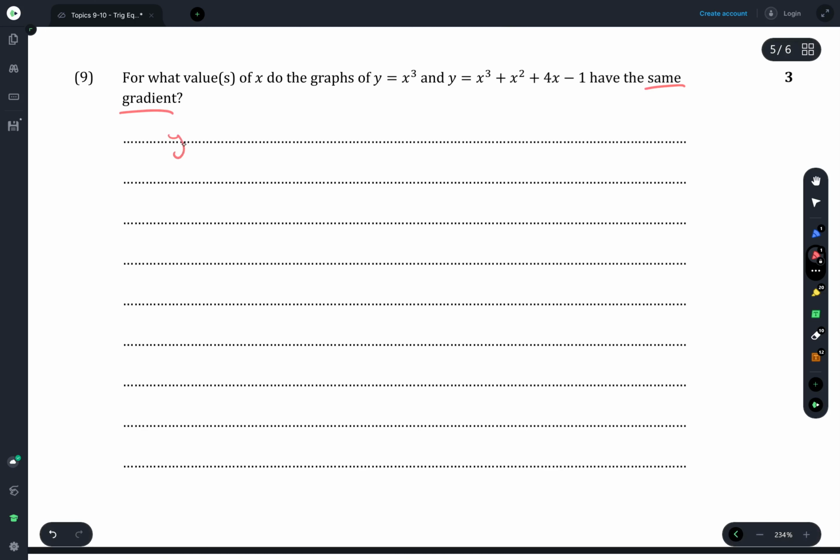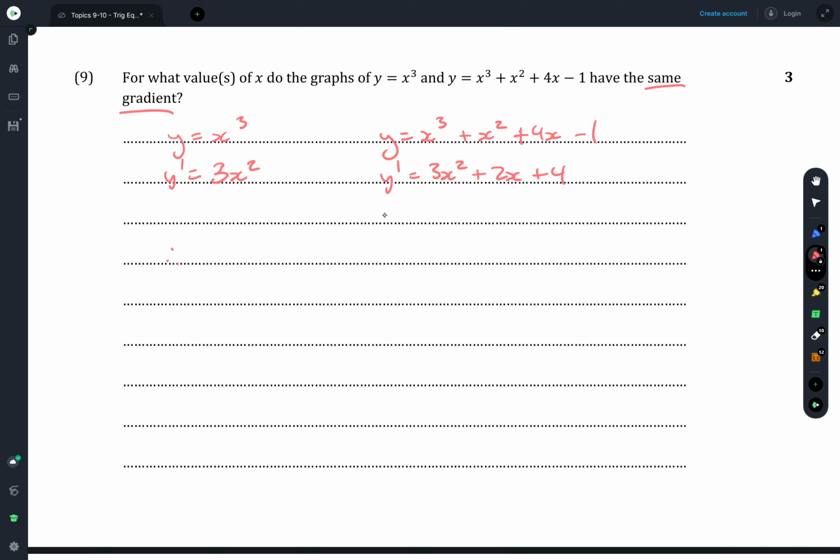So given y equals x cubed, y dash will equal 3x squared. And given y equals x cubed plus x squared plus 4x minus 1, I'll get y dash equals 3x squared plus 2x plus 4.